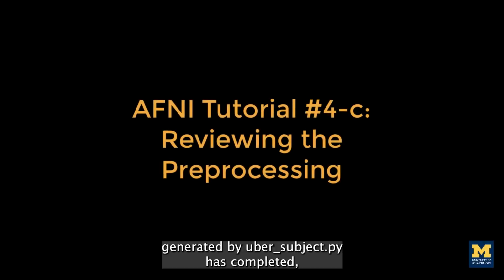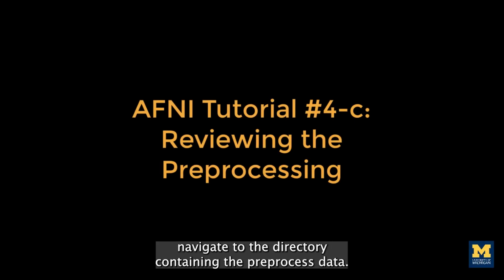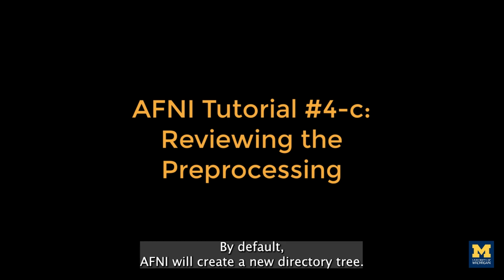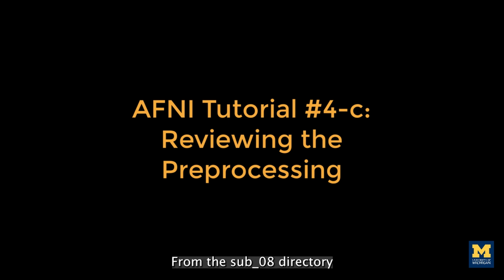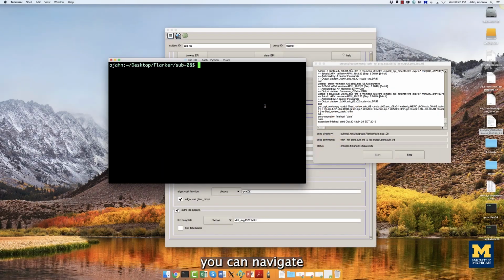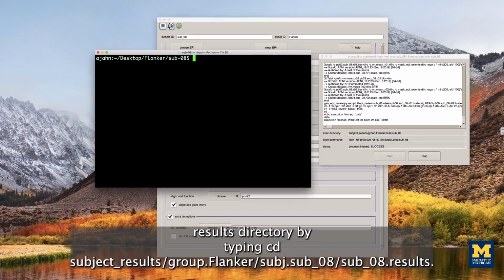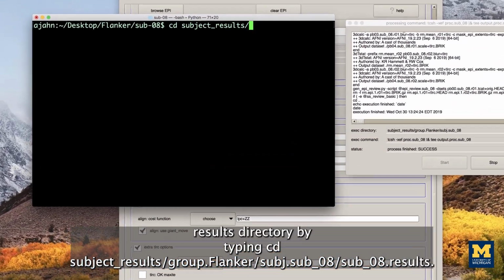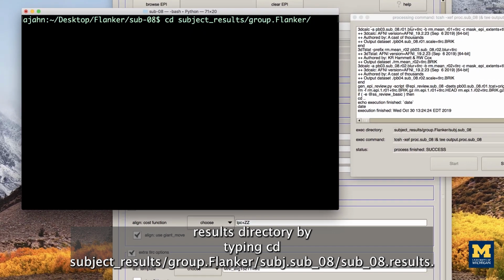After the script generated by uber_subject.py has completed, navigate to the directory containing the preprocessed data. By default, AFNI will create a new directory tree. From the sub08 directory, you can navigate to the results directory by typing cd subject_results/group.flanker/subj.sub08/sub08.results.